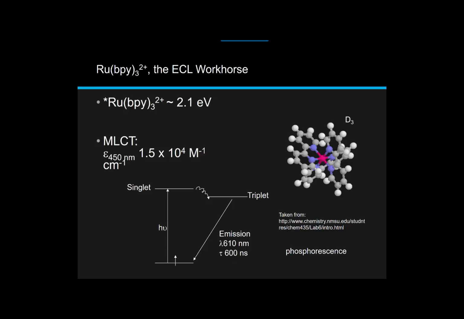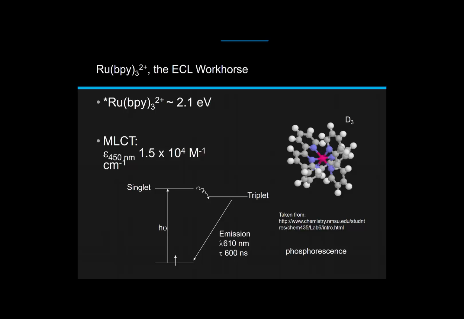But just to draw a comparison with the green fluorescent protein that we just got through looking at, the quantum yield for emission for ruthenium tris-bipyridyl, which is not a natural compound, is only 0.042. Ruthenium tris-bipyridyl emits at 610 nanometers, and I've already told you it's phosphorescence, its lifetime, therefore, should make sense to you at 600 nanoseconds, relatively long-lived.